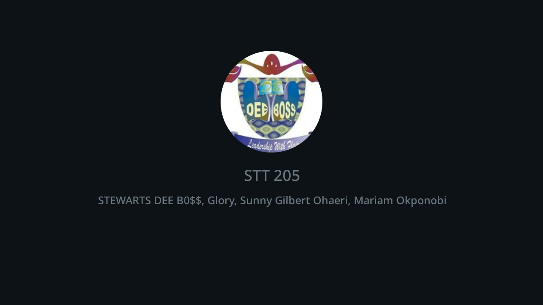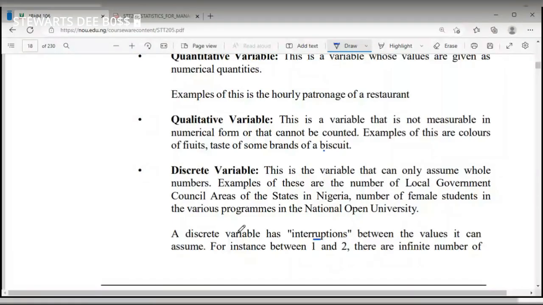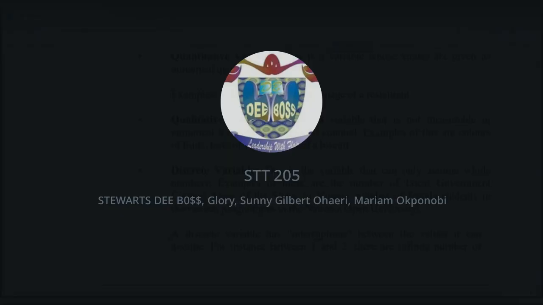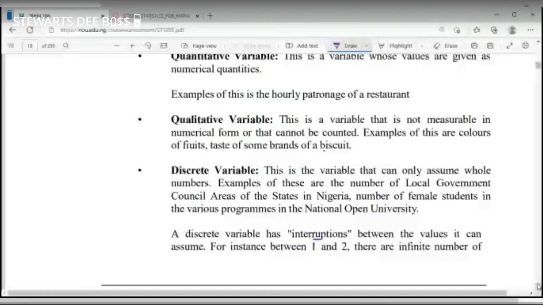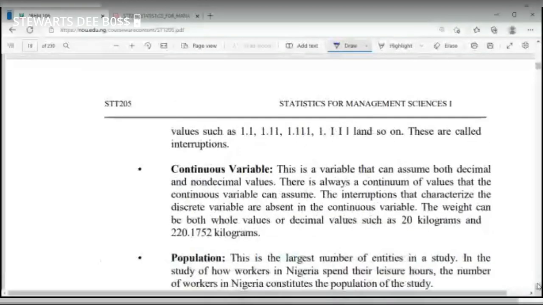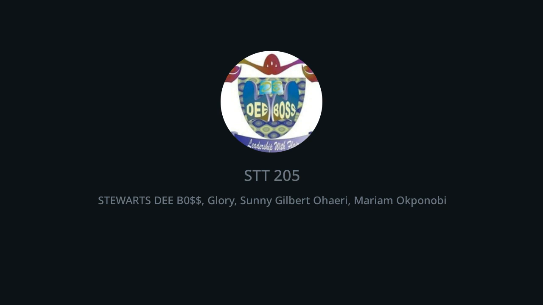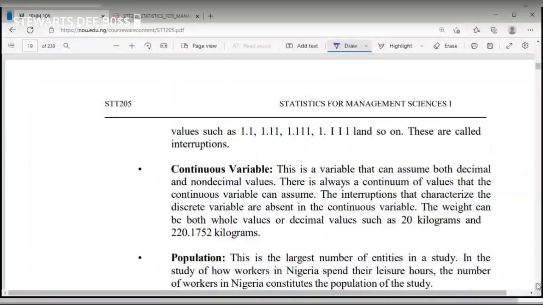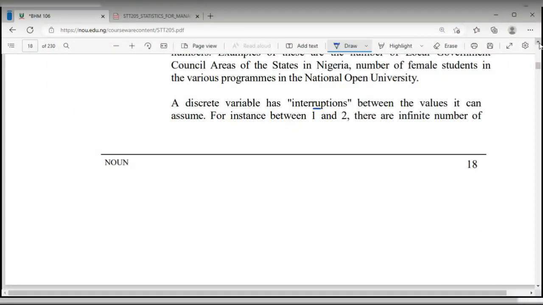A discrete variable has interruptions between the values it can assume.